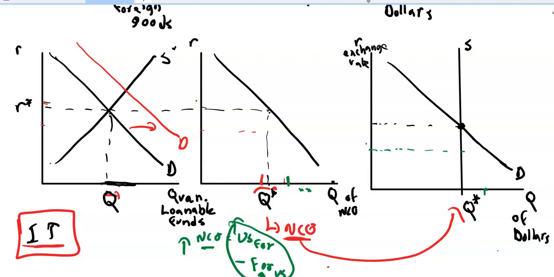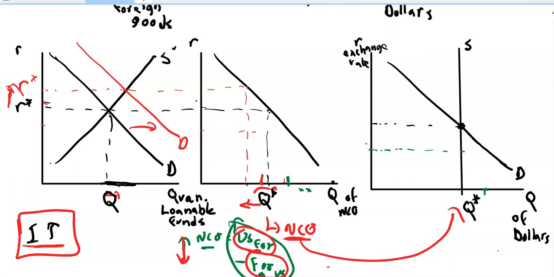If demand goes up, the interest rate will increase. Consequently, there's going to be a decline in NCO. This is because with interest rates going up, foreigners are going to buy more US assets. US citizens also may invest more in the US, so they both decrease, and so NCO falls.